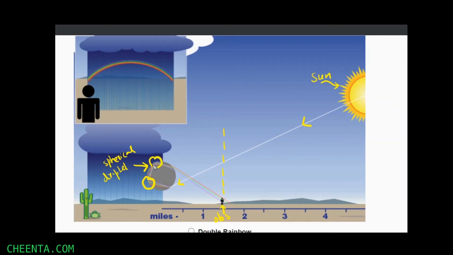So when a rainbow is created due to two reflections inside the droplet, that rainbow is called the secondary rainbow. In this rainbow, notice the color arrangement. Here the red color is downwards, towards the bottom, and the purple is up.